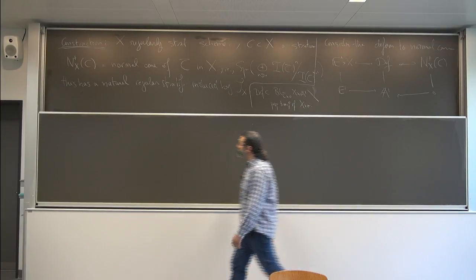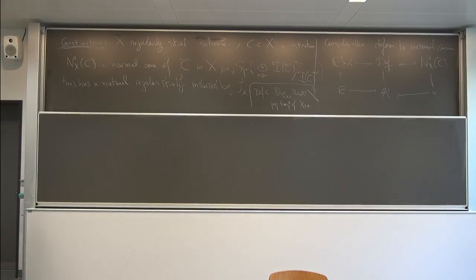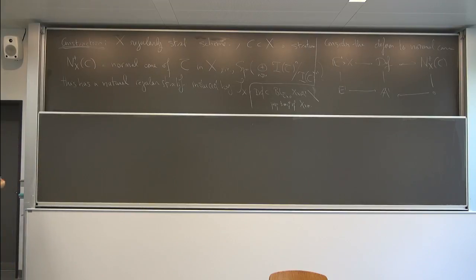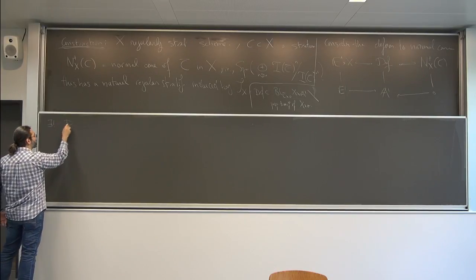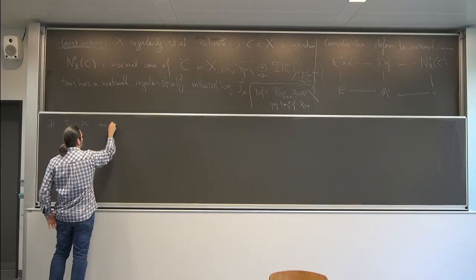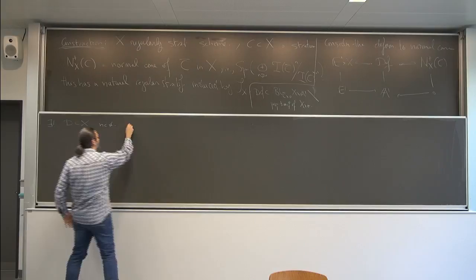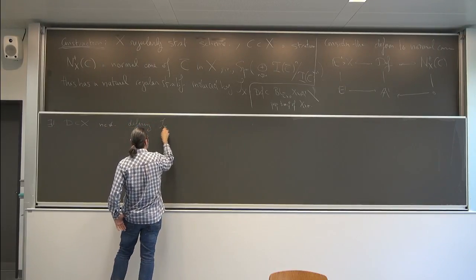Right. Now, how do we use this to get this stratification on N_C^+ X? Since X is regularly stratified, there exists a unique D inside X, a normal crossing divisor, defining the stratification.